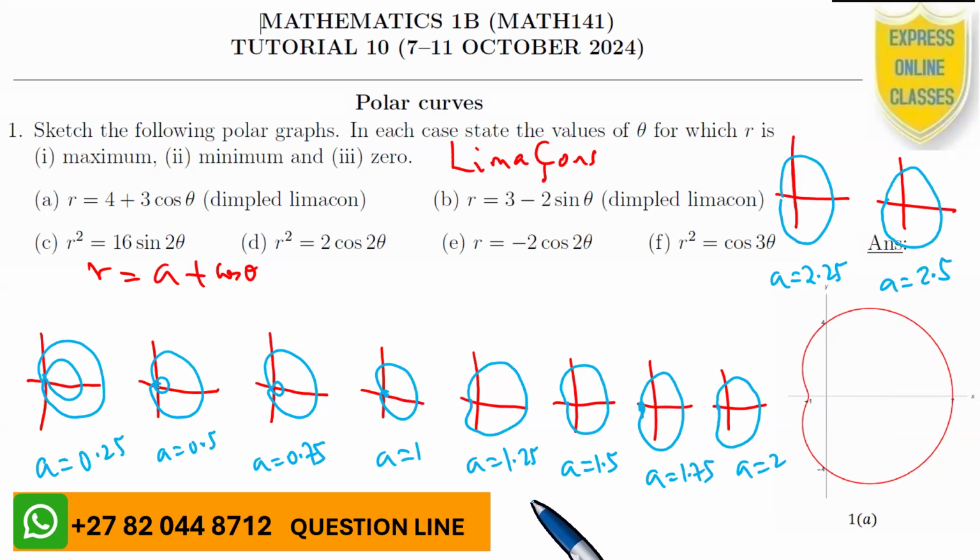So let us think about this. These are some of the limacons of the graph A plus cosine theta.